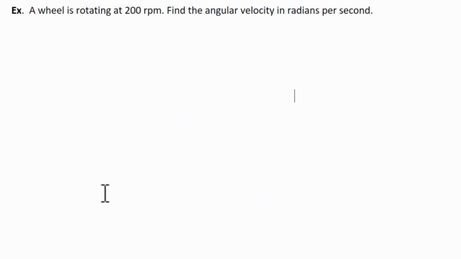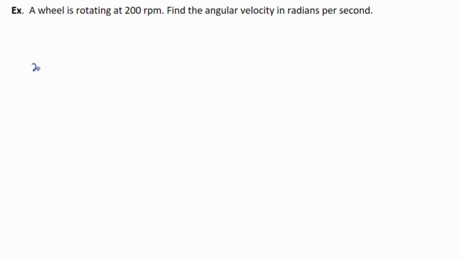So a wheel is rotating at 200 RPM. What does that stand for? Revolutions per minute. It's going around and around 200 times per minute. Find the angular velocity in radians per second. Okay, so let's write down what we have.